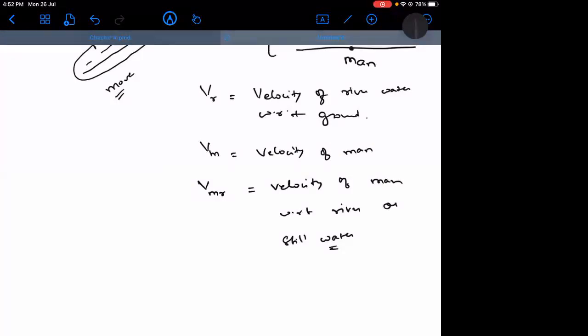Vm will be the velocity of the man when observed from the ground frame of reference. Vmr will be the velocity of the man when observed from the still water frame of reference. Still water means water is at rest only. So VMR stands for the velocity of man with respect to river, or with respect to still water.